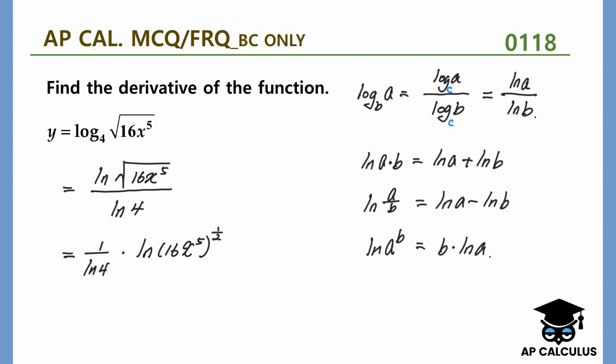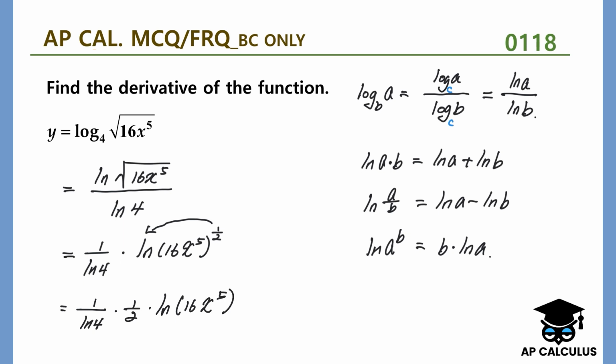Since we have a power of 1 over 2, this expression can be written as 1 over natural log 4 times 1 over 2 times natural log of 16x to the power of 5.